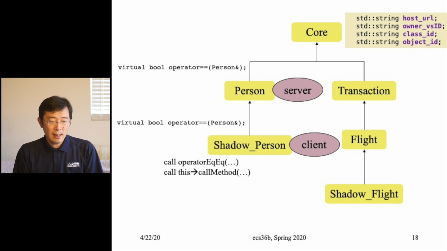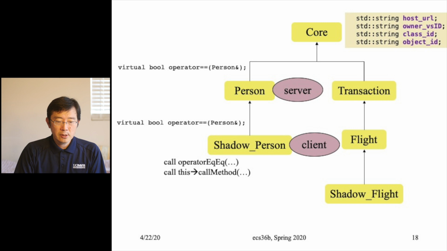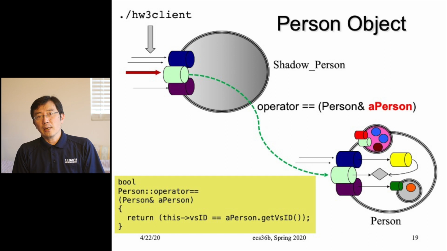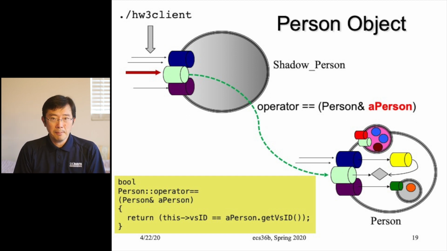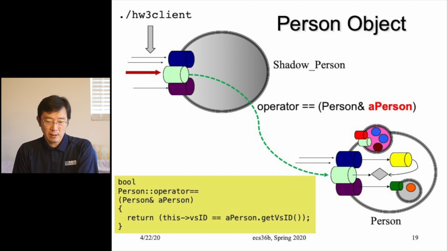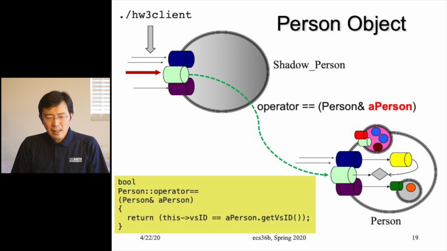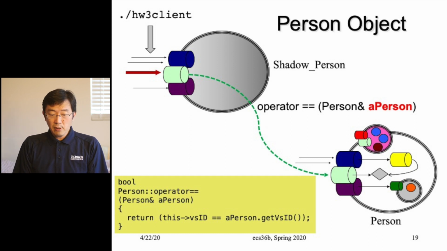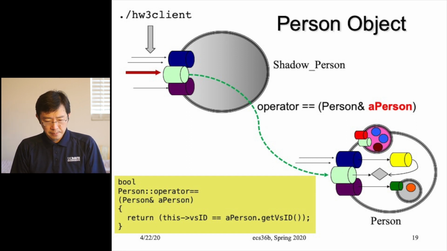Okay, so now let's see what happens in the object space. Now I'm drawing a picture. This is still a shadow object. Now it's a shadow person object instead of a shadow fly object. And then you're going to call operator equal to the real server, which is a person object, and you're going to invoke this command called person::operator equal, as I show you in the left lower corner of the code.